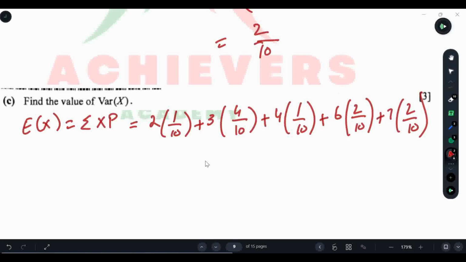Now if we calculate it and simplify it, our final answer will be 4.4. This will be the expected value.